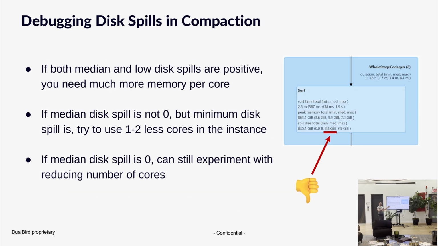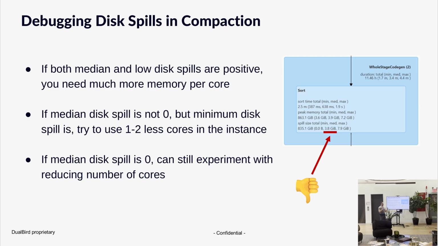There were a few people here before me talking about debugging Spark with UI, so this is definitely not the best way to do it. This is Spark's web UI. I definitely recommend you upgrading to DataFlint if you're doing that. But anyway, this is Spark web UI. It can show you the minimum, median, and maximum of disk spill that you get in your partitions.